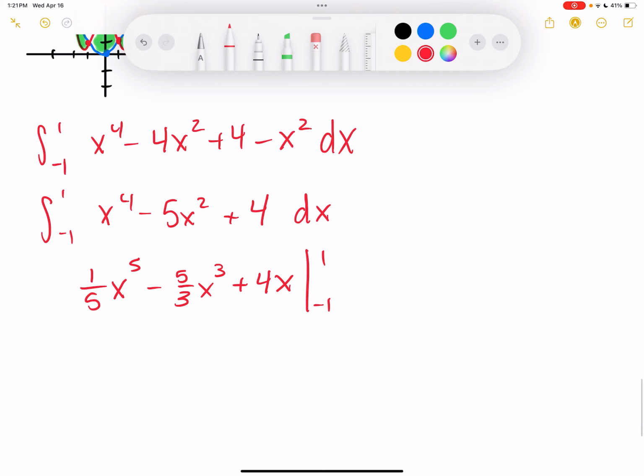So I would have 1/5 minus 5/3 plus 4 minus -1/5 plus 5/3 minus 4.